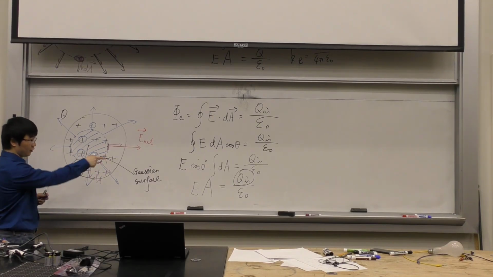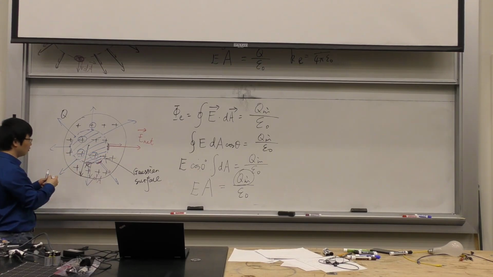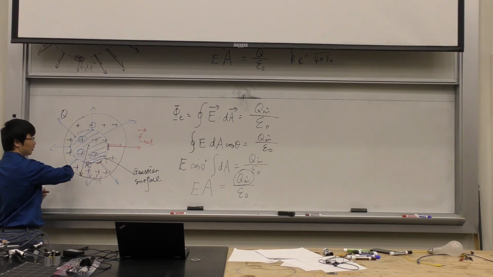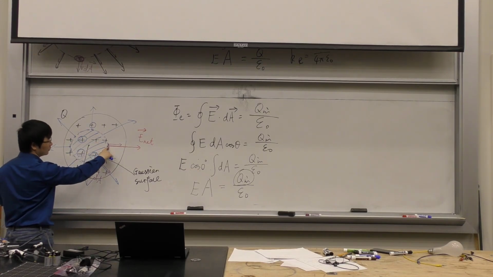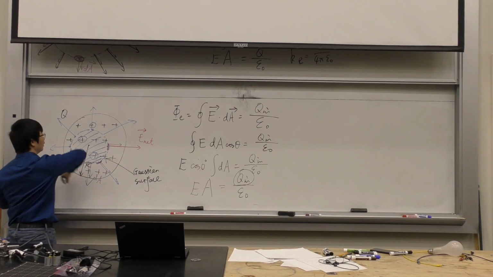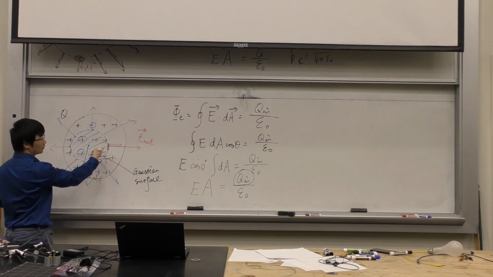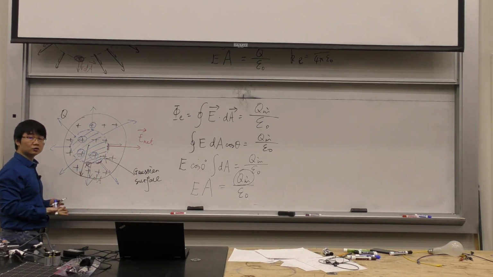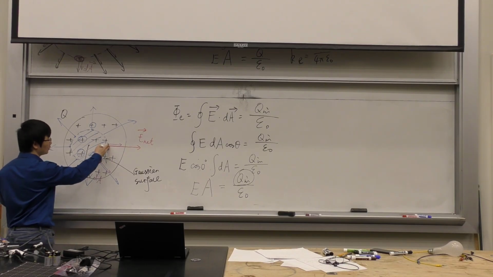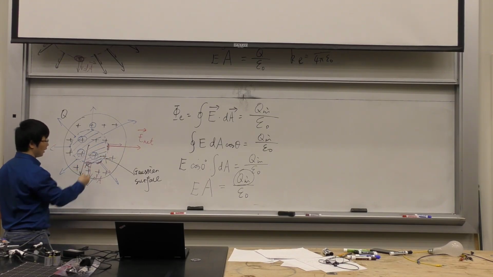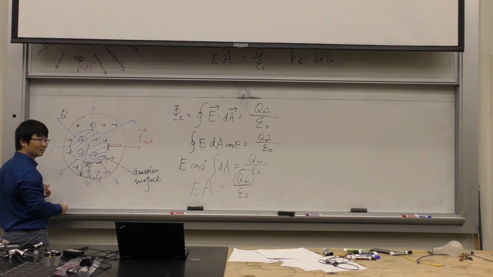Because I want to find the electric field at this point, I have to draw a Gaussian surface which has this point on it, right? I can't draw a Gaussian surface bigger, because that point would not be on it. I have to draw a smaller one inside this real solid sphere.